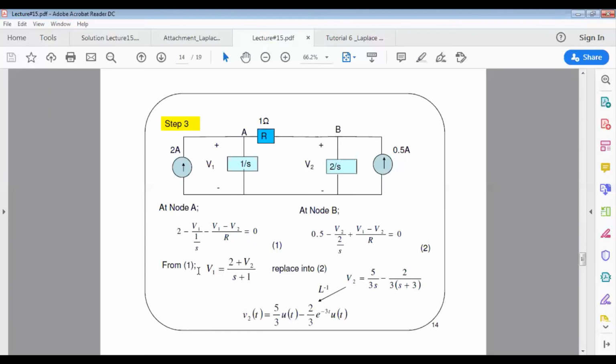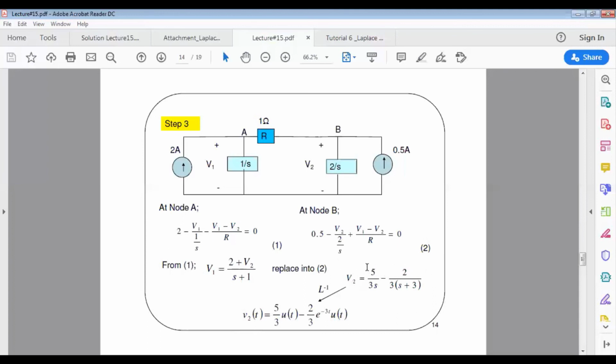From the first equation, we can write V1 in terms of V2, which is V1 equals (2 plus V2) over (S plus 1). You can prove this on your own. We are going to substitute this V1 in terms of V2 into equation number 2. When substituting, we are supposed to get the V2 term in the S domain.